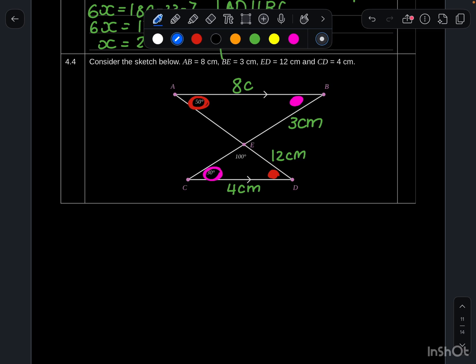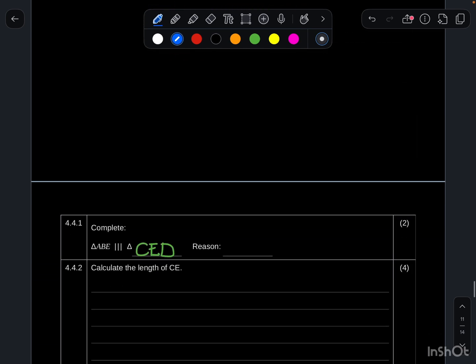And then we've also got this angle is equal to this angle because of vertically opposite angles. So we do actually have angle, angle, angle. All of our angles are equal here. So triangle ABE is similar to the triangle CED because of angle, angle, angle.